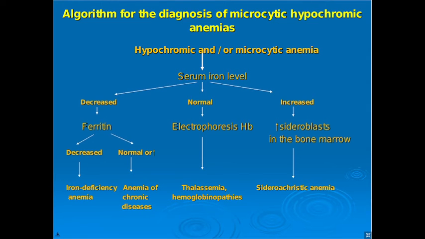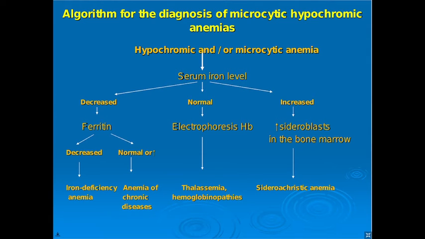When it's decreased, the most common situation, next we must take a look at the serum ferritin. This protein, I would say, shows the iron store in the body. The more iron storage, the higher the level of ferritin. When the ferritin is decreased, it means there are some mechanisms that lead to iron store depletion. It is iron deficiency anemia.